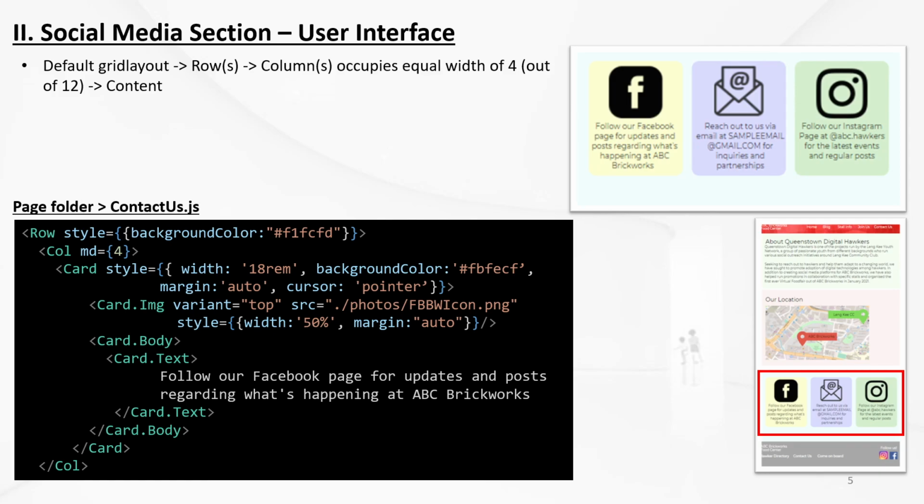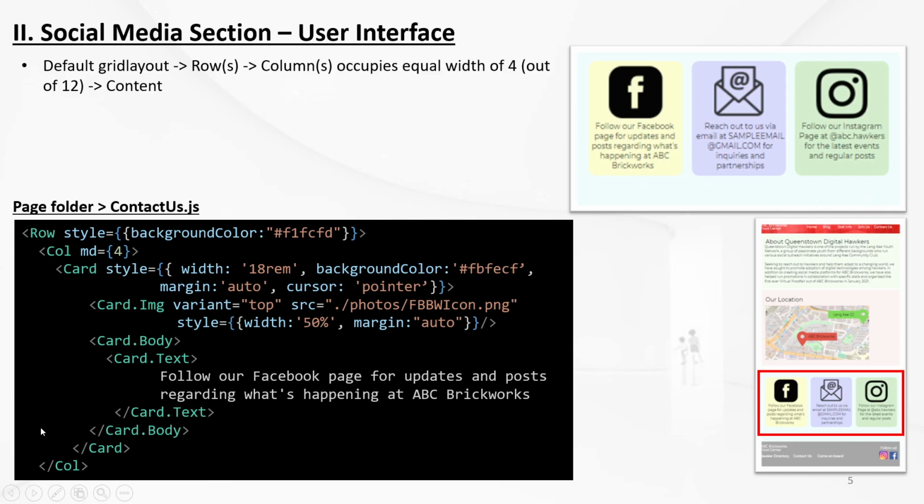For grid layout, it involves having rows, and each row will contain 1 or more columns, and each column will contain the content. Note that this section is actually a row by itself, and it has 3 columns which have an equal width of 4.